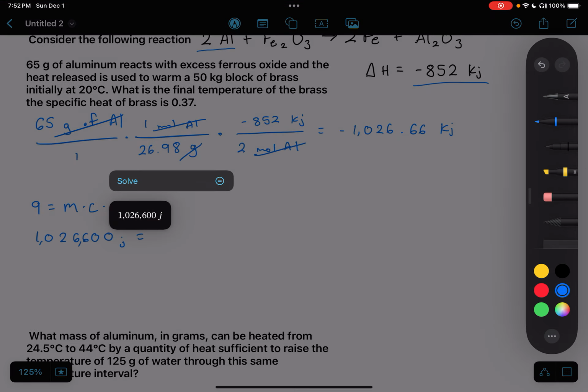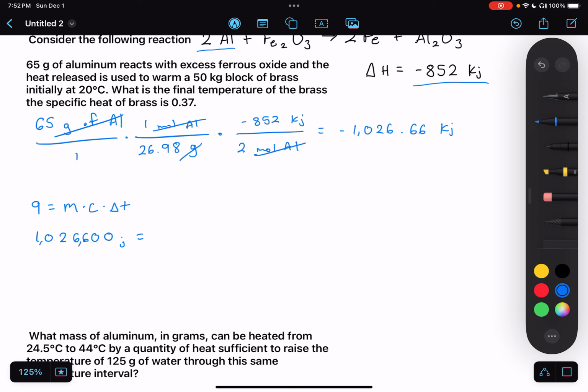and that equals mass. We have 50 kilograms, but remember, we have to go from kilograms to grams. So 50 times 1,000, since 1 kilo is 1,000 grams, means we've got 50,000 grams.